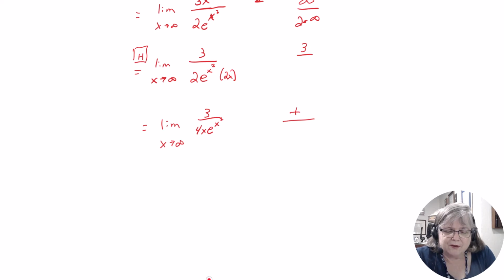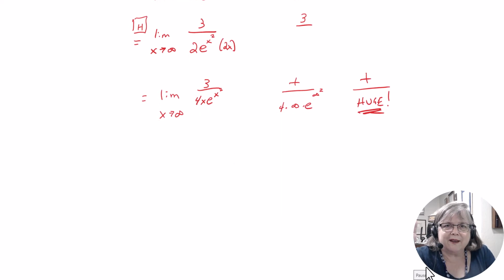And I'm going to literally have 4 times some huge infinity direction number times e to the infinity squared way out there. Okay, so this is a positive number over an absolutely huge number. Okay, so a positive number divided by a gargantuan huge number is effectively 0.